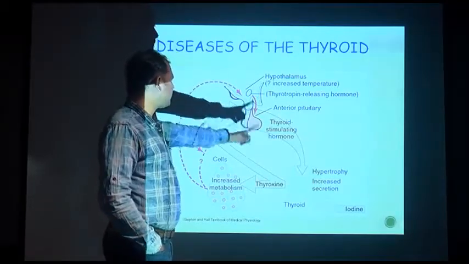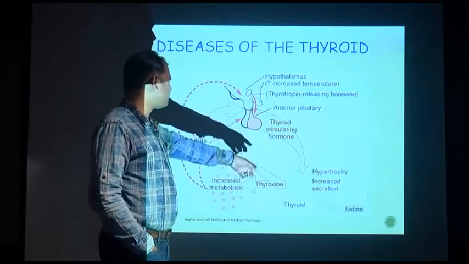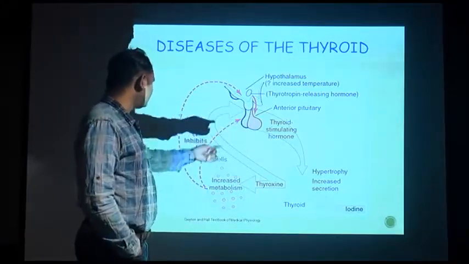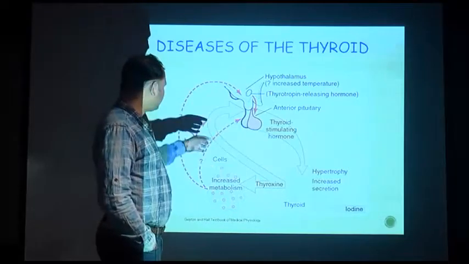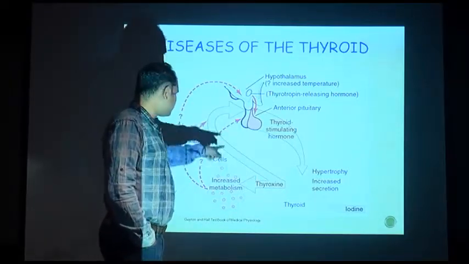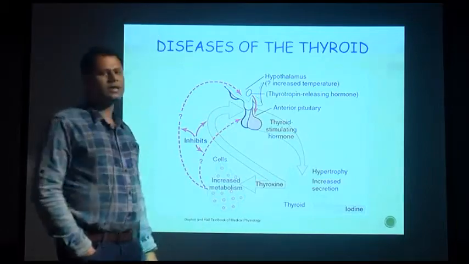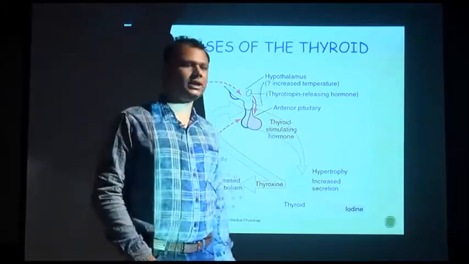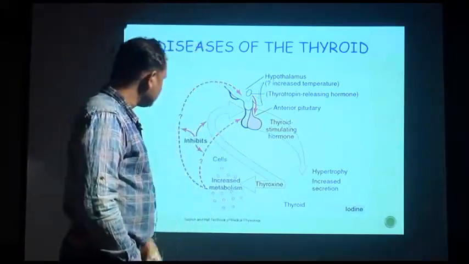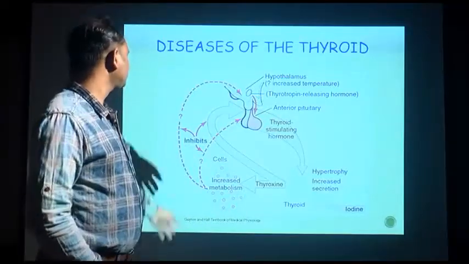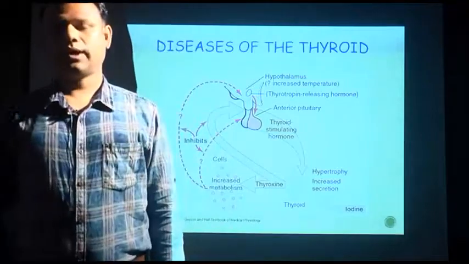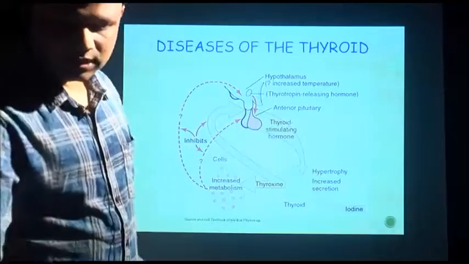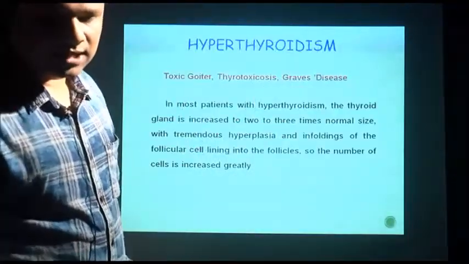The anterior pituitary is directly related to the thyroid and parathyroid glands. This yellow color shows the feedback mechanism; the thyroid also gives a feedback loop, and this is the portion, or the cells, involved in metabolic activity and regulated by thyroid hormone secretion. So, these are the loops. We almost know about the endocrine system, and let us now see diseases associated with the thyroid gland.